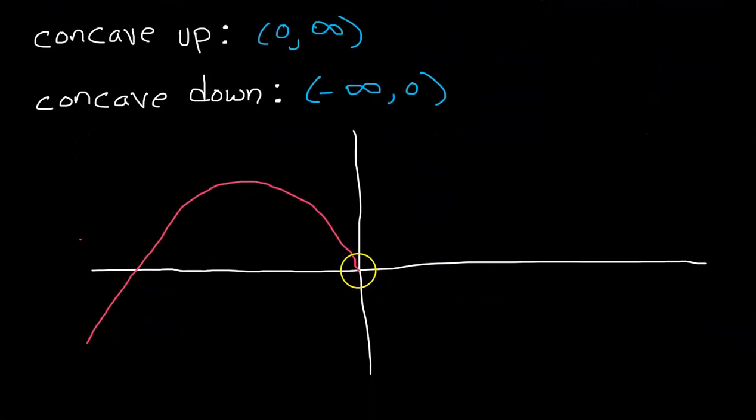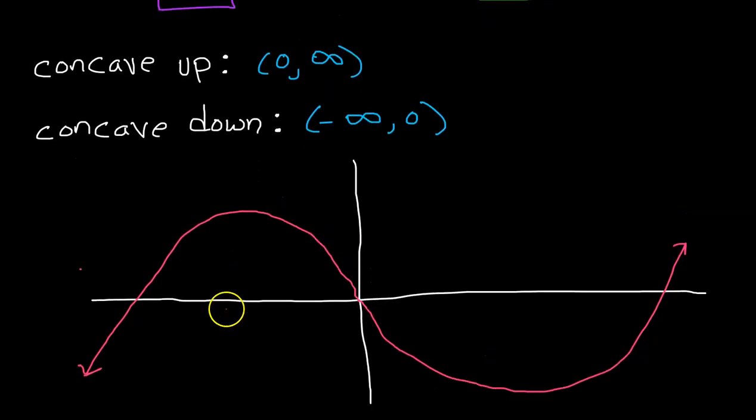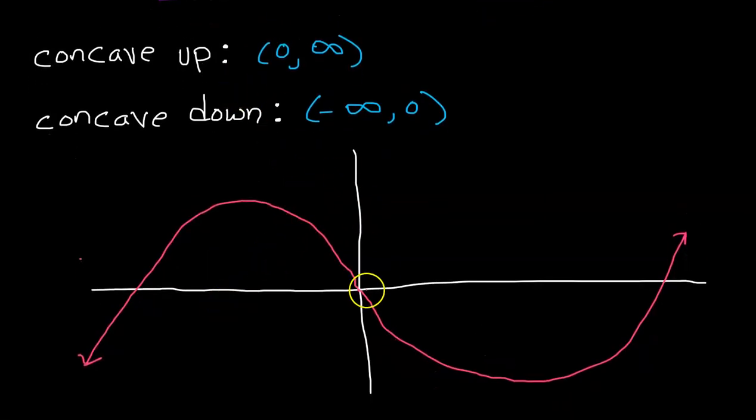So if I continue, but now I'm turning to a concave up situation. Okay, so this would be an example of a curve that fits the information. That's concave up from 0 to infinity and concave down from negative infinity to 0.